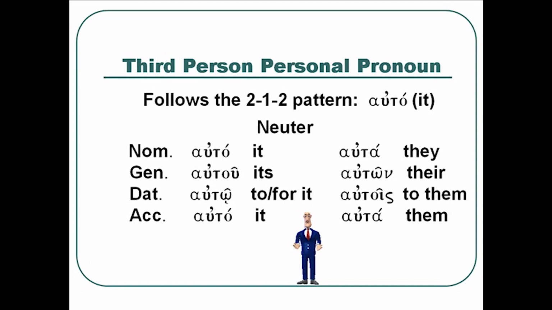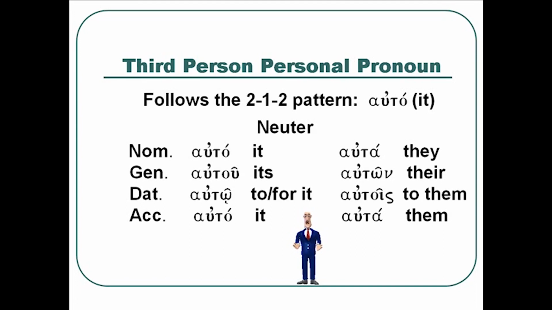You'll notice that once again we have the same form in the nominative and the accusative. The nominative singular auto matches the accusative auto. The nominative plural auta matches the accusative plural auta. And then you'll also notice that the genitive and dative forms of both the singular and the plural exactly match the masculine forms that are found under autos.